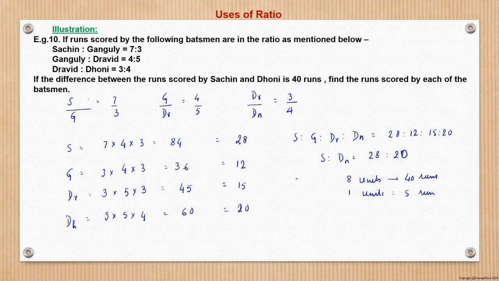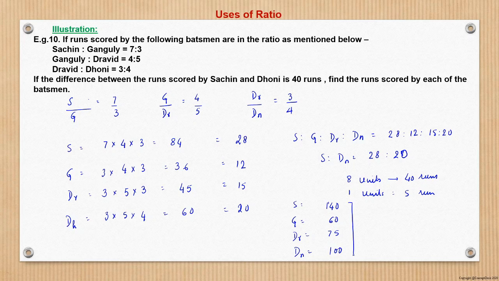So what will be the individual scores? So individual scores will be Sachin is 28 into 5. So that becomes 140, right? Ganguly is 12 units, so 12 into 5 is 60. Dravid is 15 units, so 15 into 5 is 75. And Dhoni is 20 units, so 20 into 5 is 100.